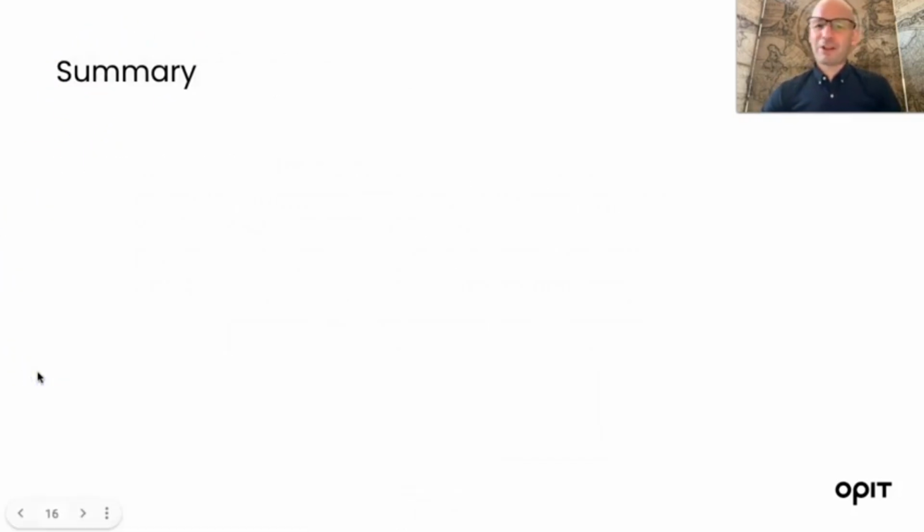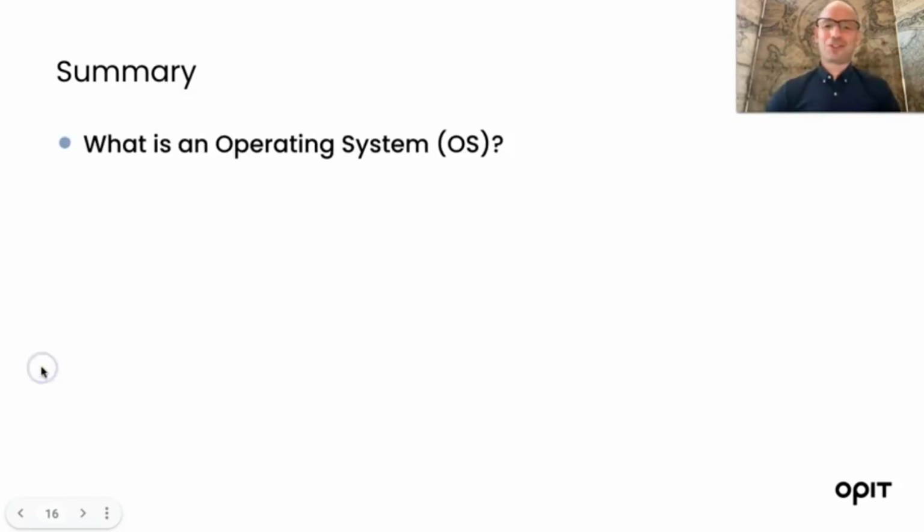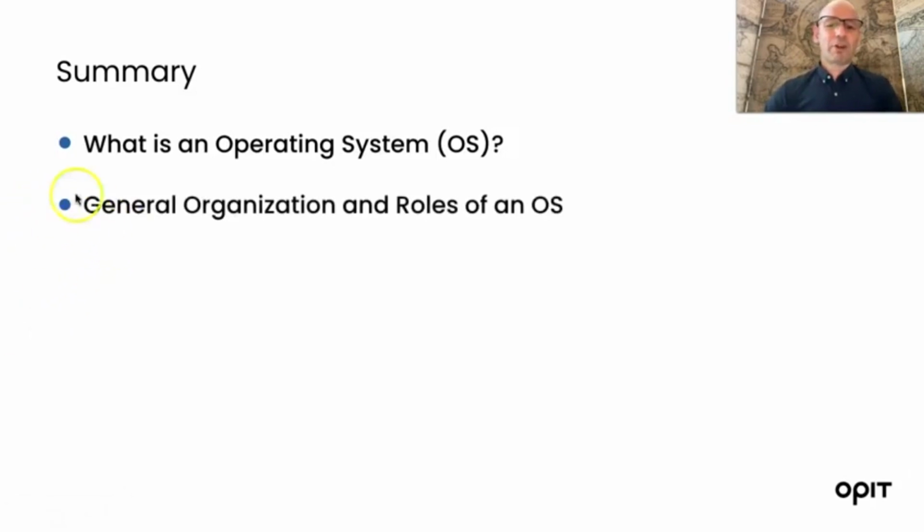All right, so that's all I wanted to talk about in this overview of operating systems. Just to quickly summarize, we talked about what an operating system is, and the general organization and roles of an operating system. We talked about the user view and the system view and how those are different: applications for a user and more system processes from the system view.